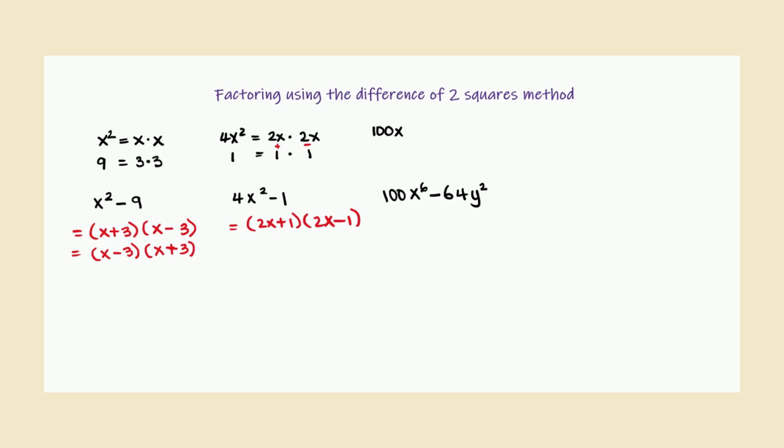So 100x to the 6th is 10x cubed times 10x cubed. And 64y squared is 8y times 8y. So then this is 10x cubed plus 8y, 10x cubed minus 8y.